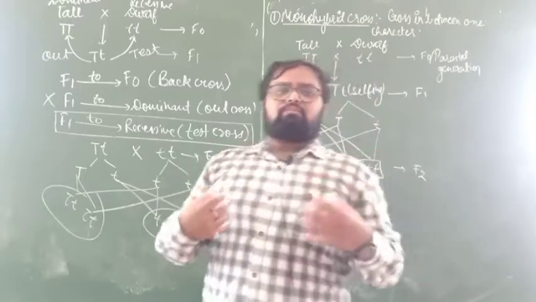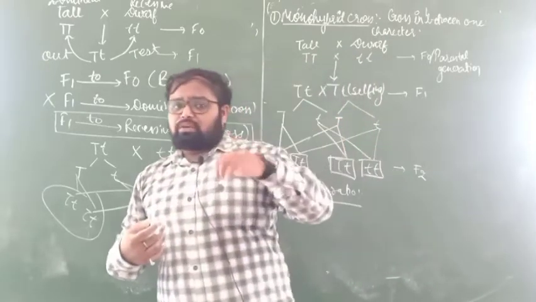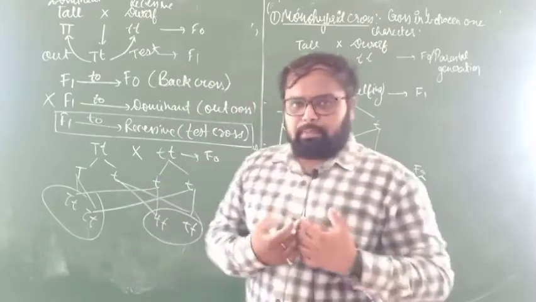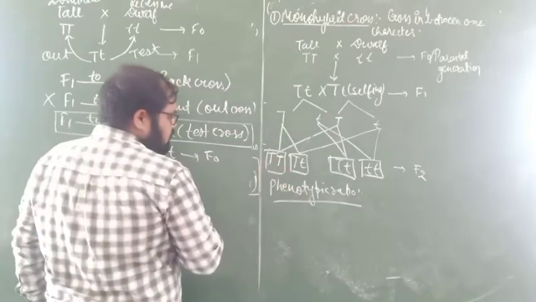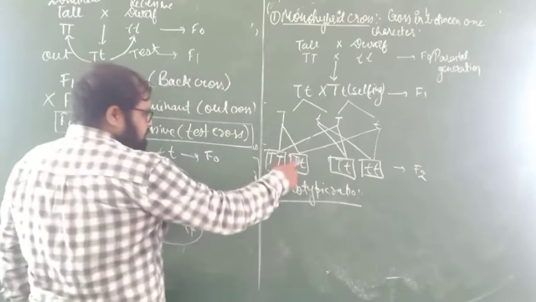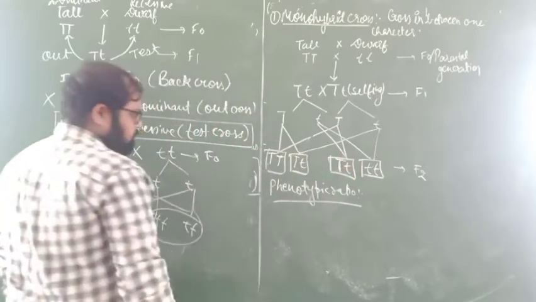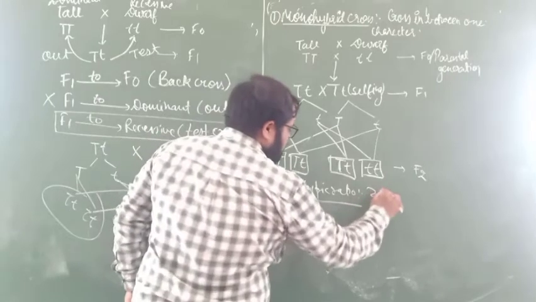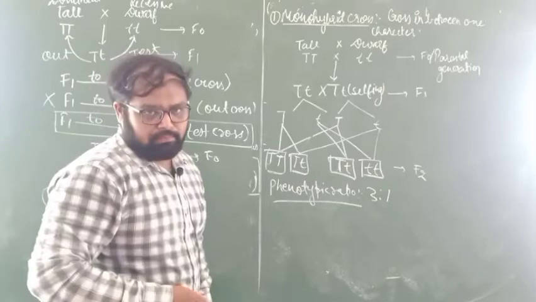Here this one is tall, this is also tall, and this is also tall, because capital T is here and here is also capital T. Capital T overlaps the small t and is responsible for tall. So 3 are tall and 1 is dwarf, so the ratio is 3:1.